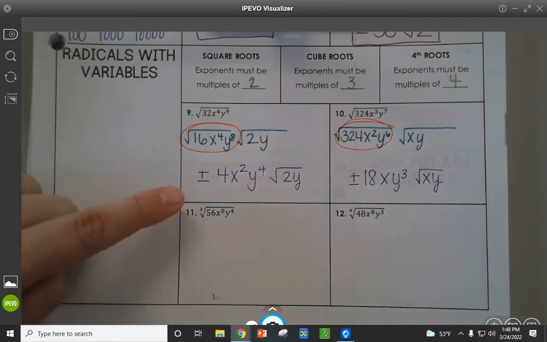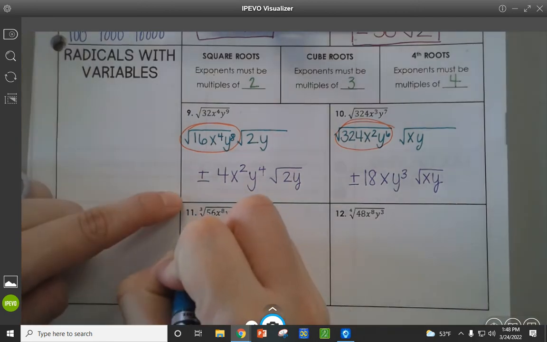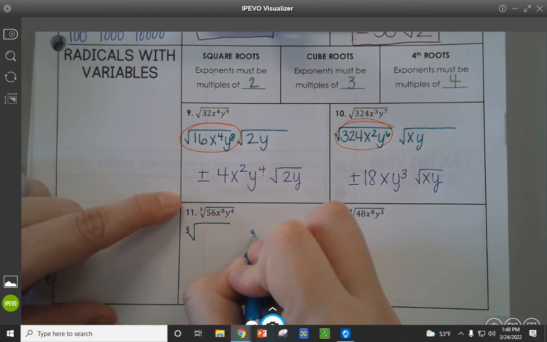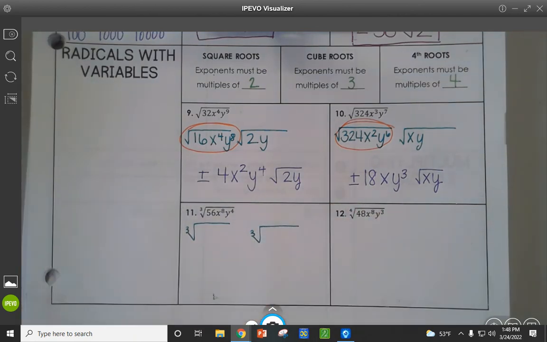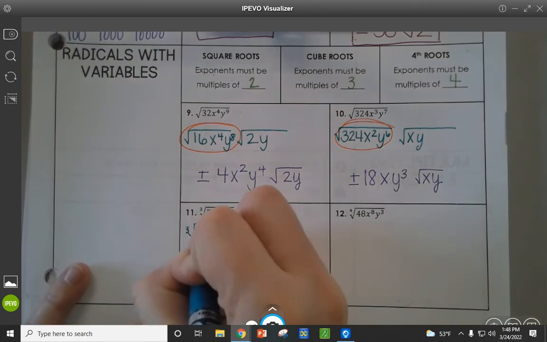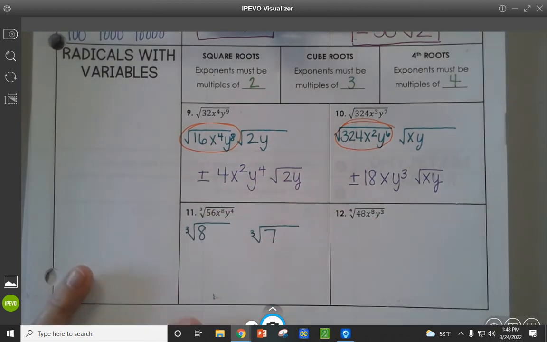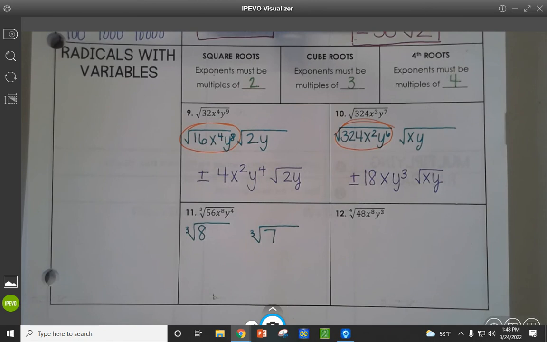Number 11. Now I'm working with cube roots. Is 56 a perfect cube? No. What's the largest perfect cube that goes into 56? 8. 8 times what? 7.